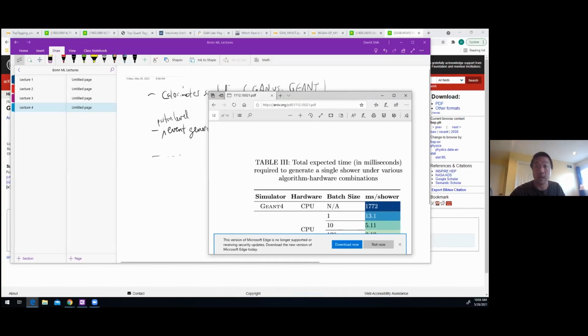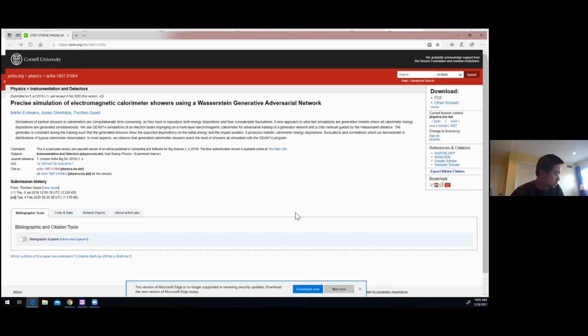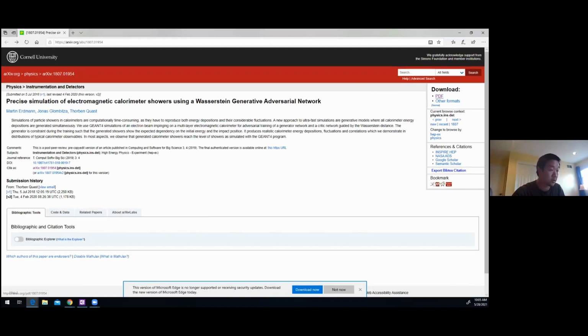And then there have been many papers after that, but just 2 to highlight. I think this was the first one in our field to try a WGAN, okay? That was done by these people. Where are they based? I think they're in Aachen.